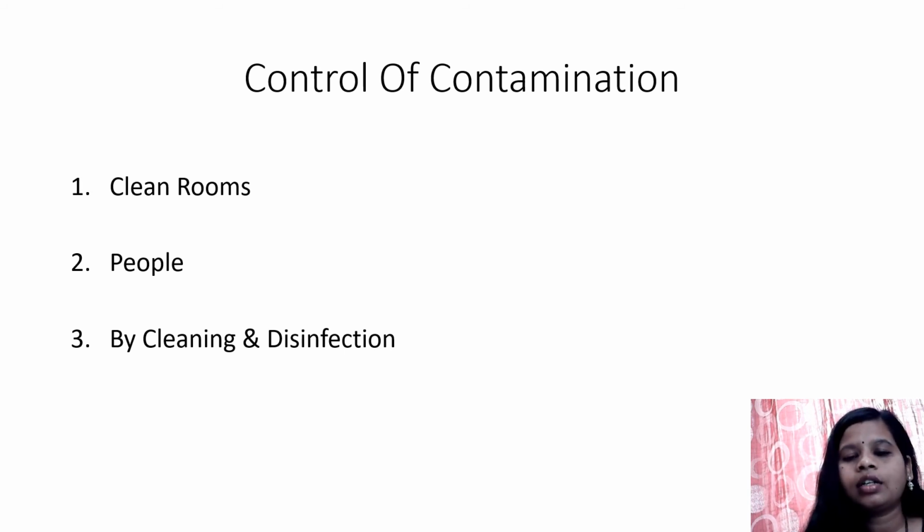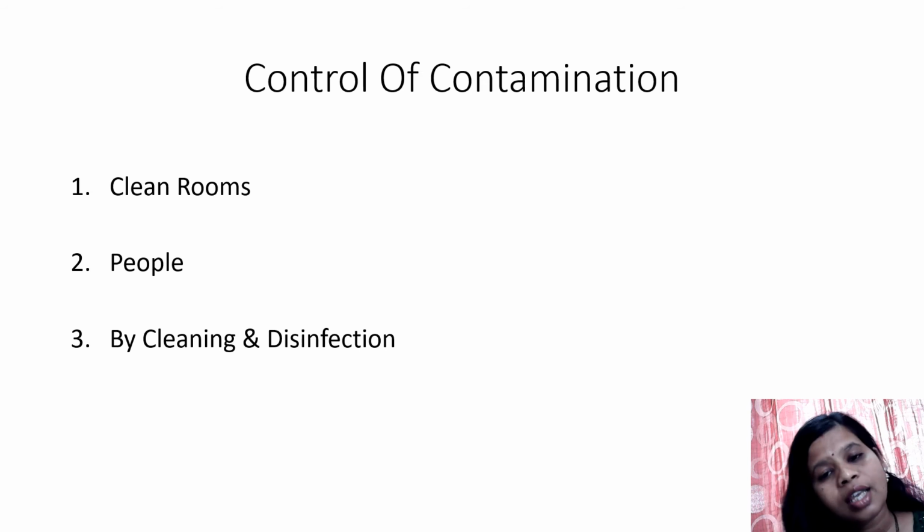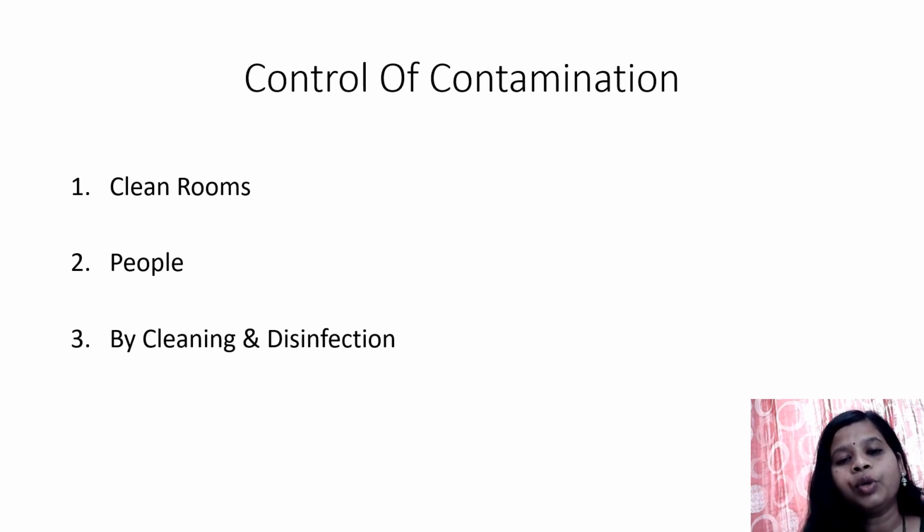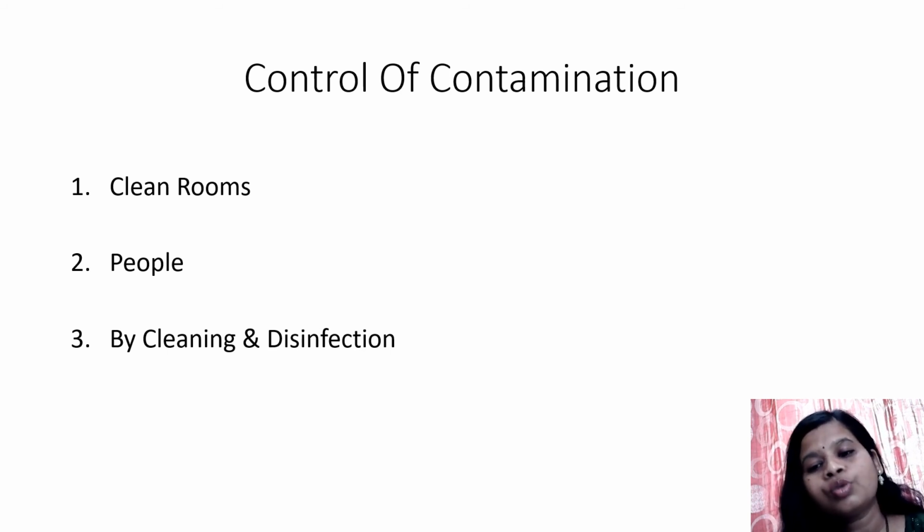Whatever is there in the standard operating procedure of cleaning and disinfection should be followed by the people who have the duty of cleaning and disinfection. Personnel with this role are trained properly on the SOP, and a supervisor checks whether that person is working exactly as required or not.